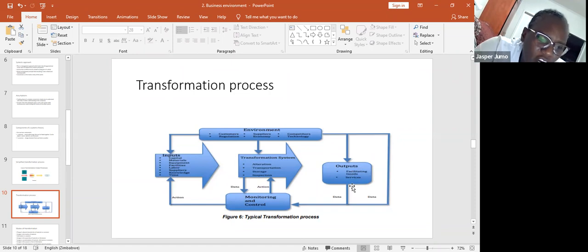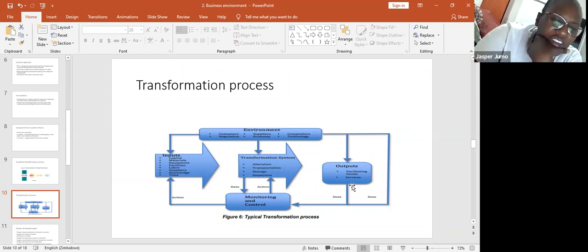The outputs, we have services, we have goods, we have facilitation. I can see an arrow going to the bottom there from the outputs, where it goes to monitoring and control. So as you get the outputs, it can go back to the transformation stage where you monitor and you control. Then it goes through the transformation again and comes back.